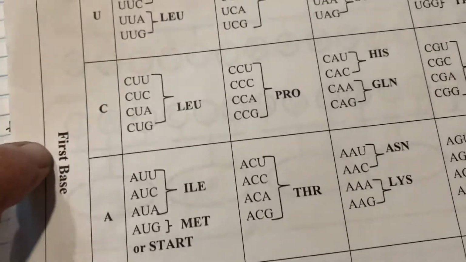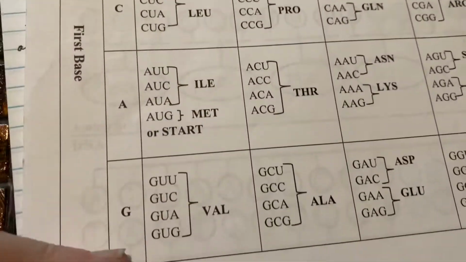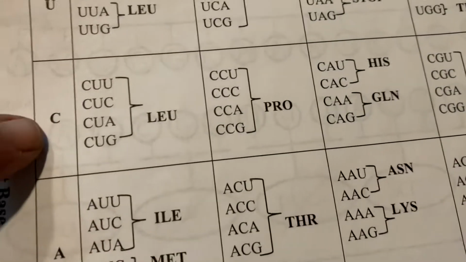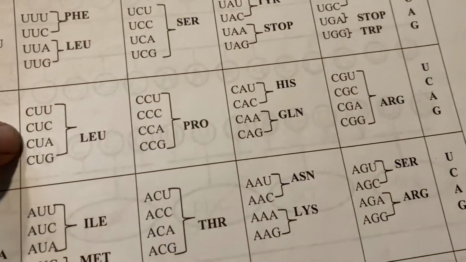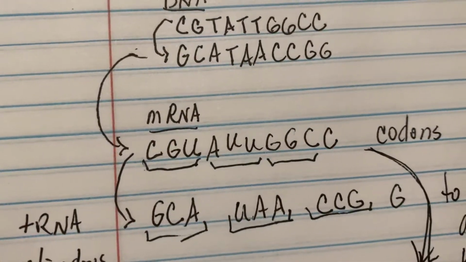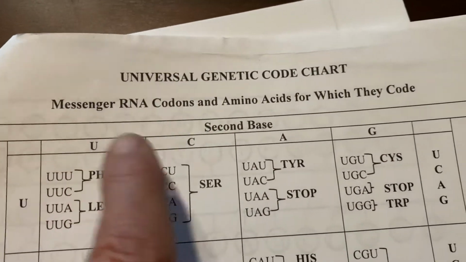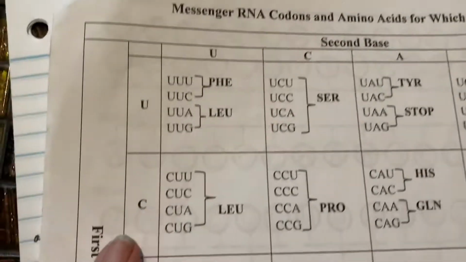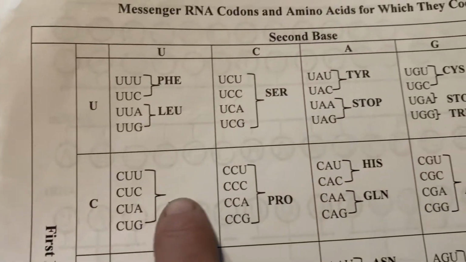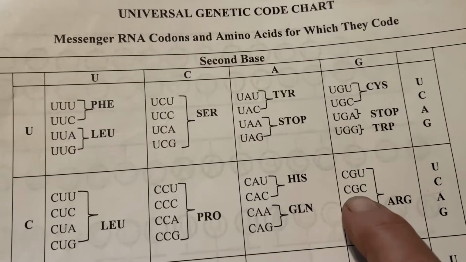Notice that the first base will be listed in these four rows. So my first base is a C, which puts me in this row. Notice all of these start with C. My second letter is a G. So you see up here it says, what's your second base? Is it a U, a C, an A, or a G? Well, mine's a G. But remember, my first one was a C, so I stay on the C row and follow down until I see CG.